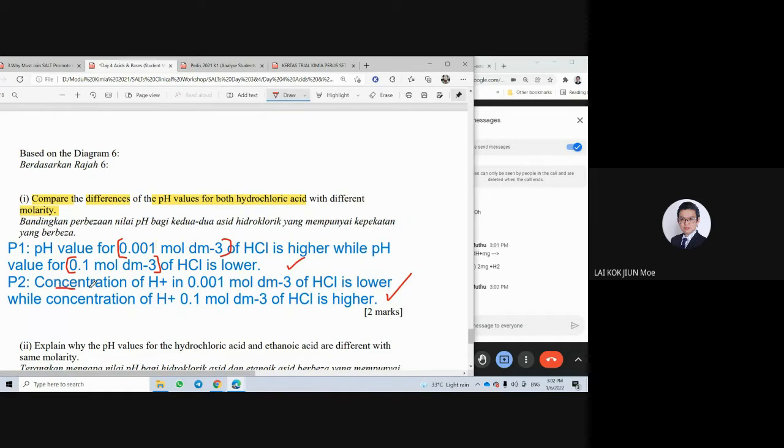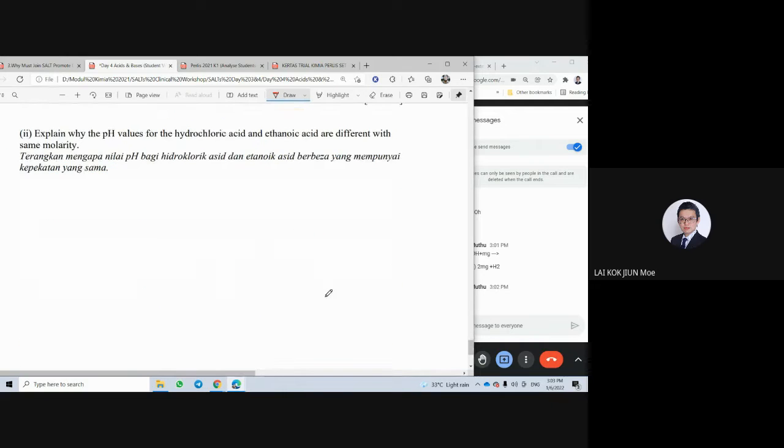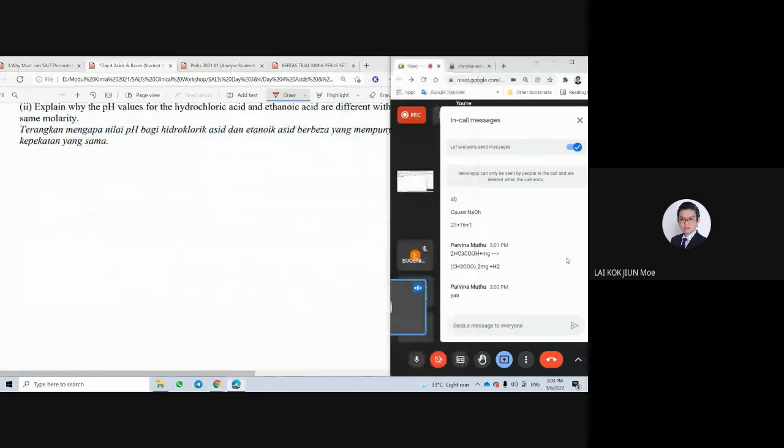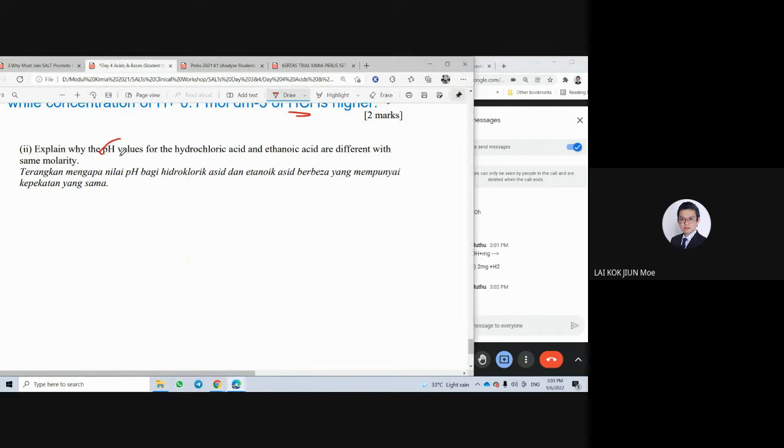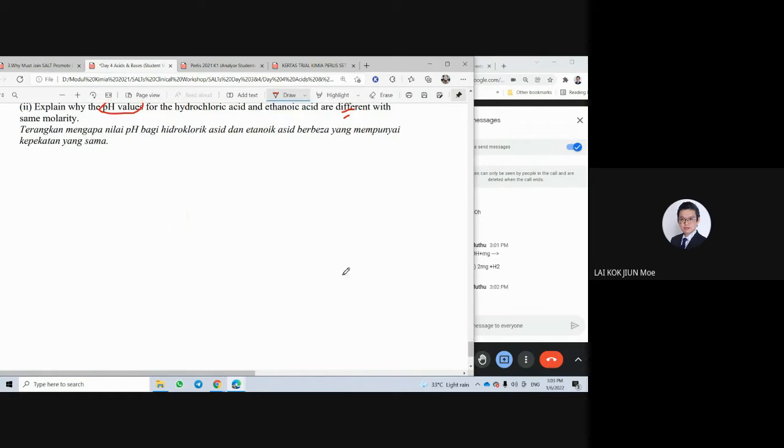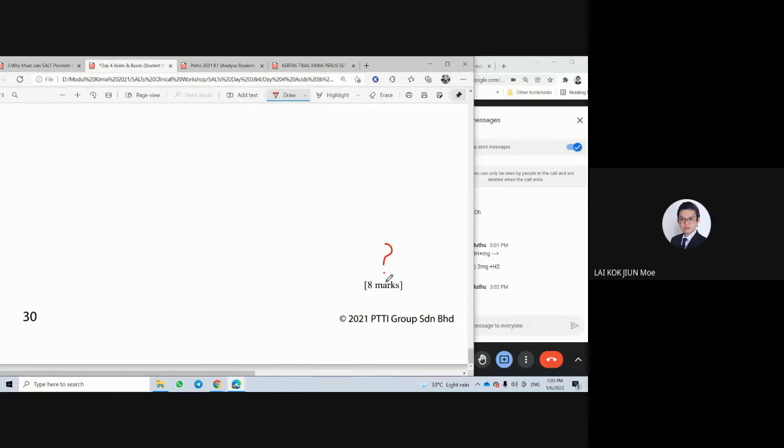That's why teachers say you must go through all the trials. When you go through all these 10 sets of trials, it makes you a better person. Okay, the last question, Pavina. Explain why the pH values are different. Here got another 8 marks.